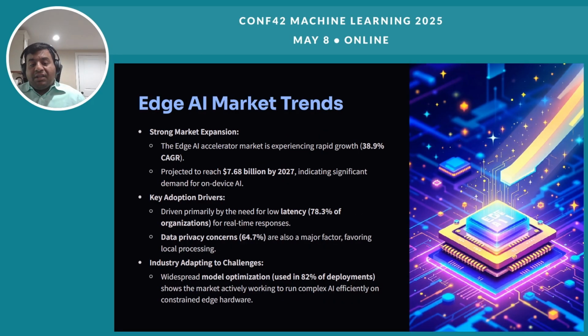Edge AI market trends. Just to reiterate those key market drivers, because they underscore the why behind the edge optimization. The market growth is significant. As mentioned, 39% CAGR for accelerators and a 7.6 billion market soon.